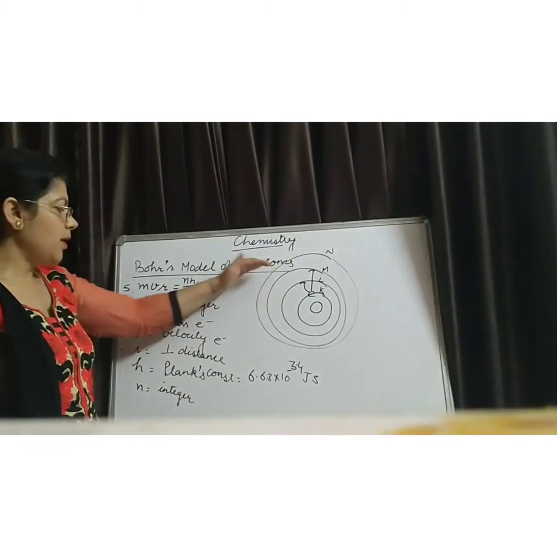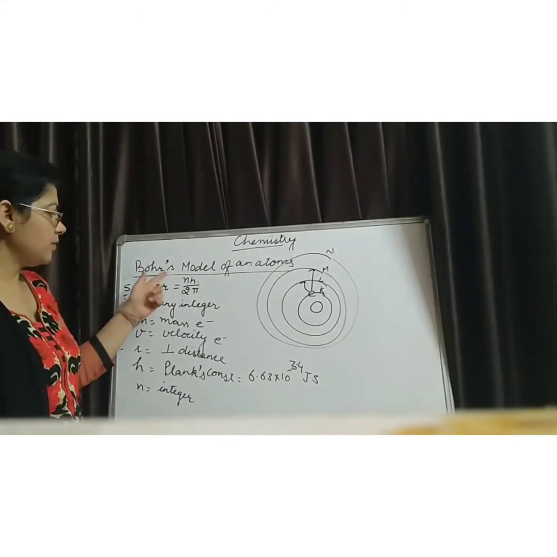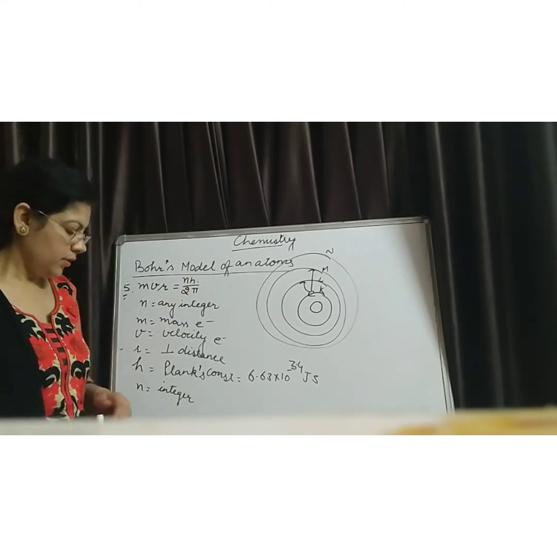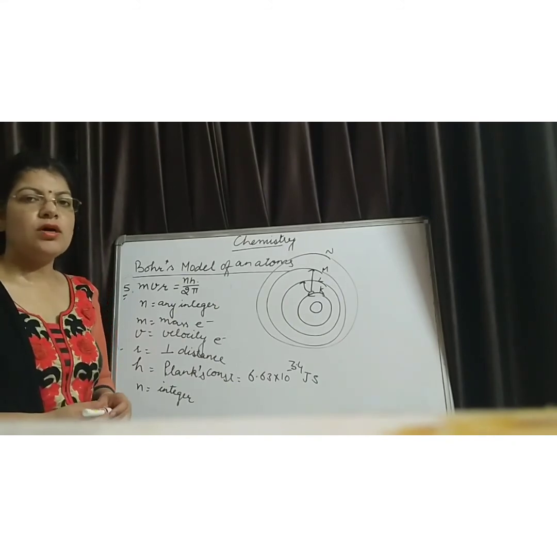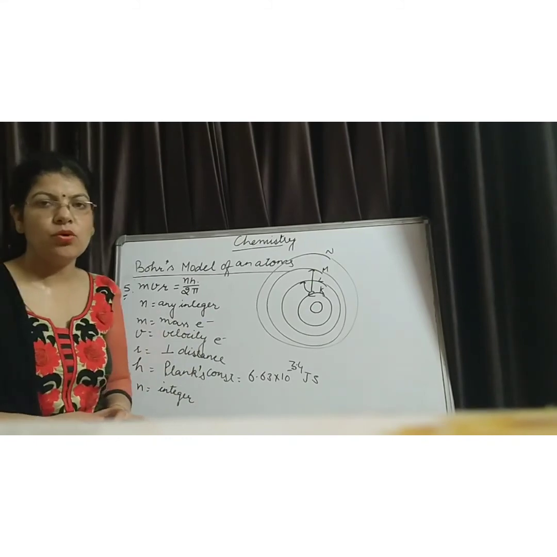Only those orbits are permitted which are having an angular momentum integral multiple of h by 2 pi. These all are the main points of the Bohr's model of an atom. This is all about the Bohr's model.